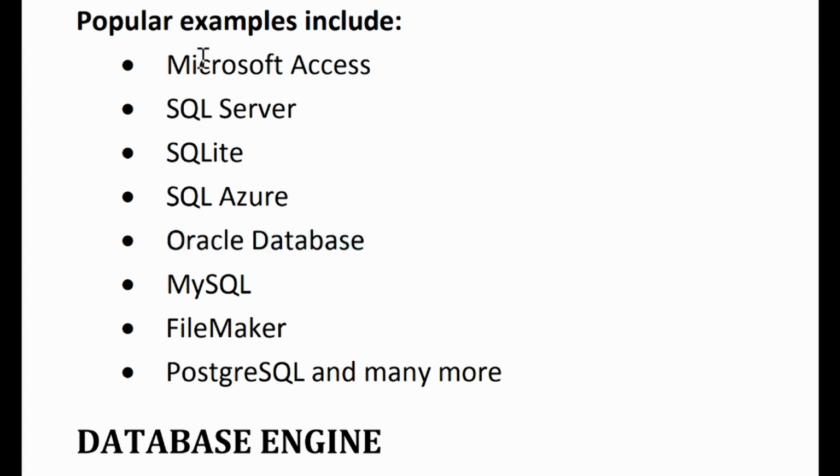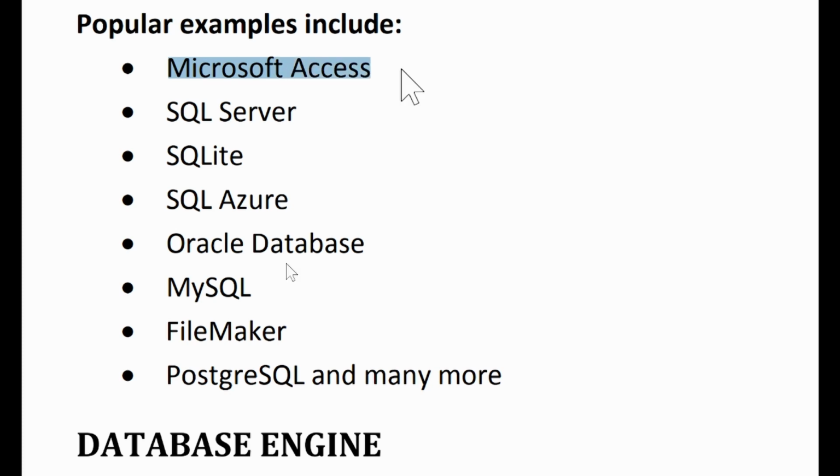Alright, so I picked 5 for you. I said you should remember this. These are common ones you'll be meeting. That's why I'm mentioning them for you. Microsoft Access, SQL Server, SQLite, Oracle Database, MySQL. When I finish, I'm going to go around and everyone is going to tell me these 5.